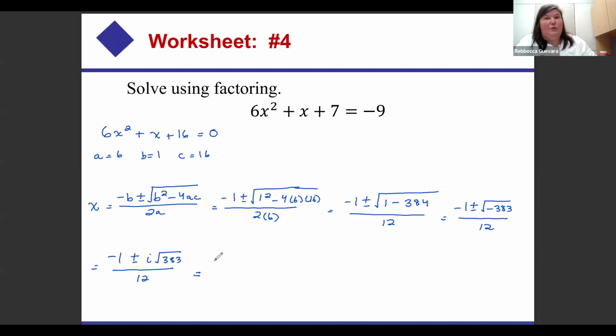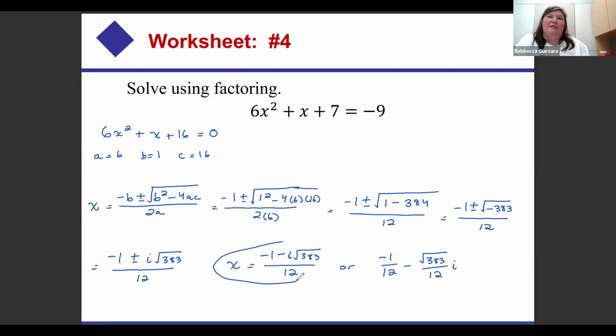So our two answers would be x is equal to minus 1 minus i square root of 383 over 12. Or if you didn't like that, it'd be minus 1 over 12 minus square root of 383 over 12 i.